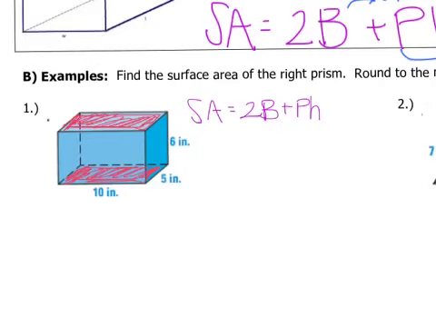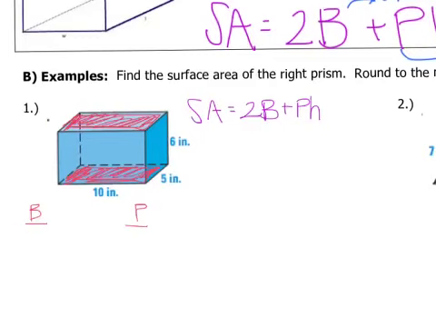Then what we're going to do is find the area and the perimeter of the base kind of separately. So off to the side, I have a capital B, I have a capital P. We are not going to do all of this in one step. Trust me, you will mess up. Off to the side, we're finding area of the base.